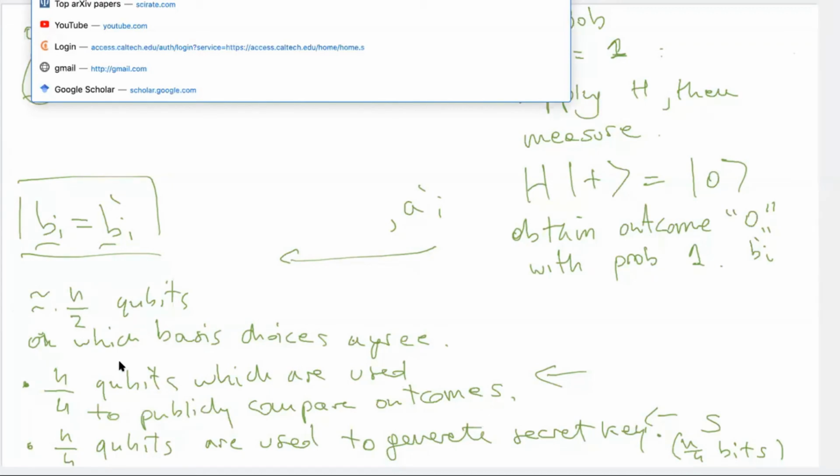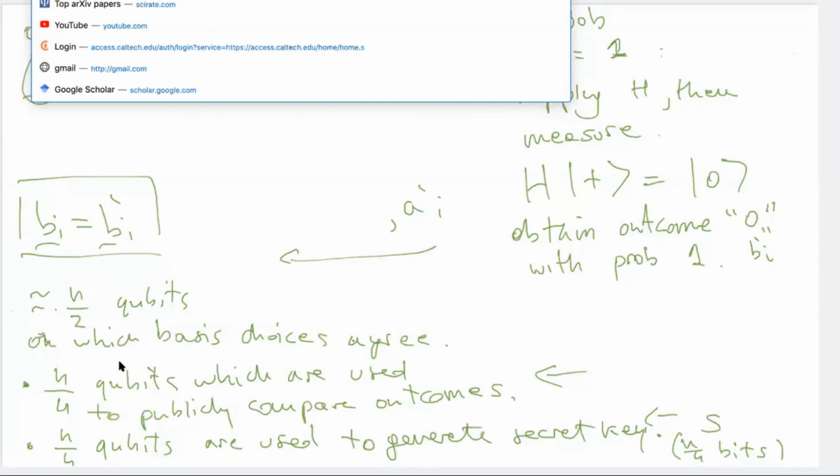You have these n/2 qubits on which the base is agreed. By checking n/4 of these pairs of outcomes, you want to gain confidence that if all of the n/4 agree, the remaining n/4 also agree.